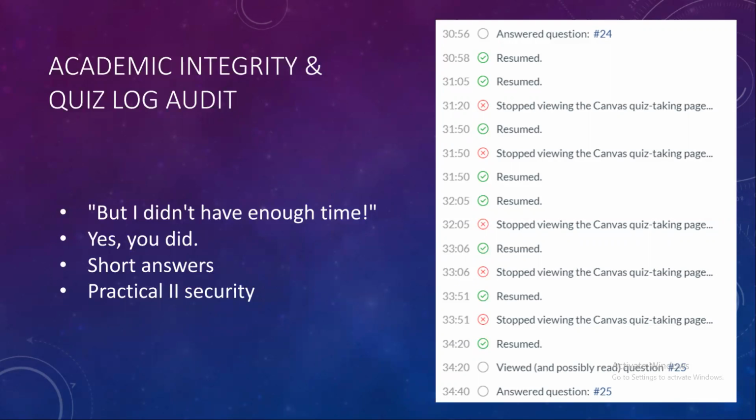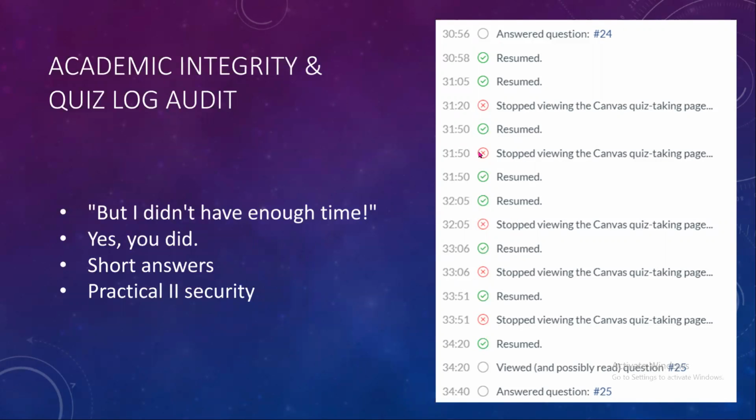Now, if you see there on the right side of the screen, I have sampled out some of one student's test. And what you see here is the times listed on this side. And it tells me exactly what time you entered the question or the answer for question 24. And then that they stopped viewing the Canvas taking quiz, resumed, and back and forth.